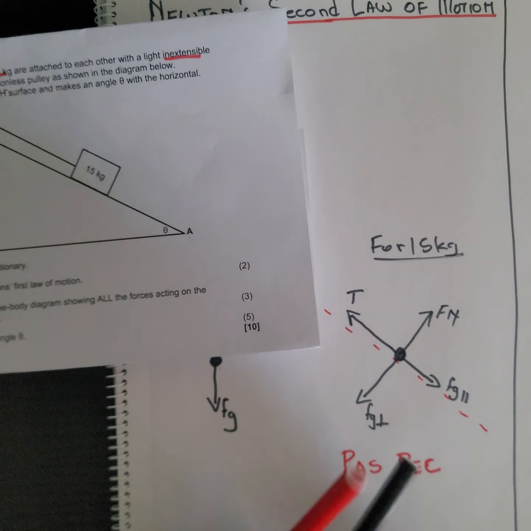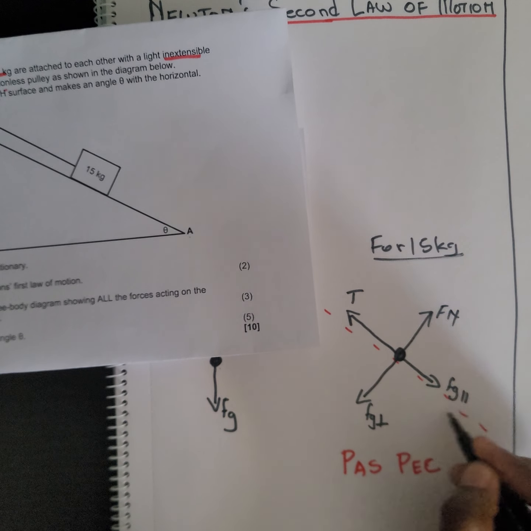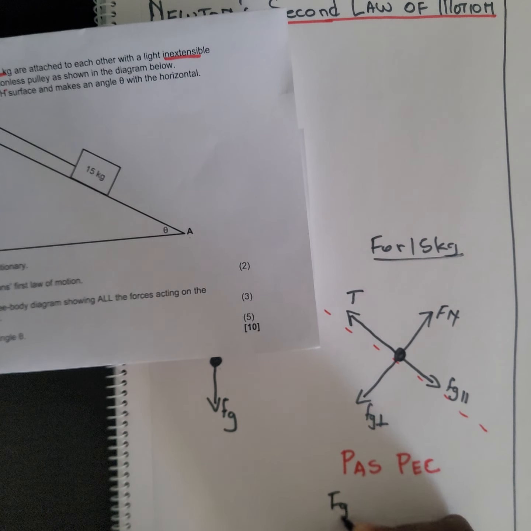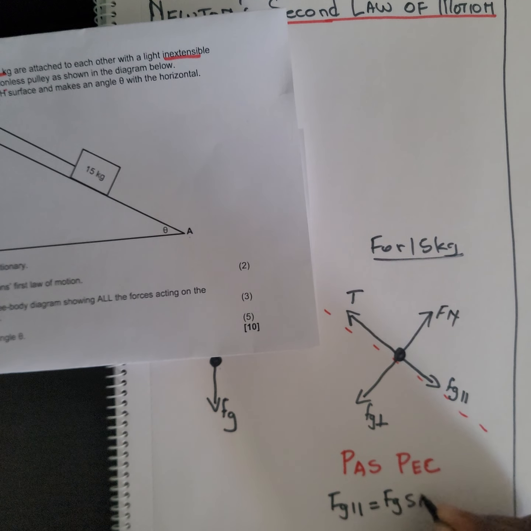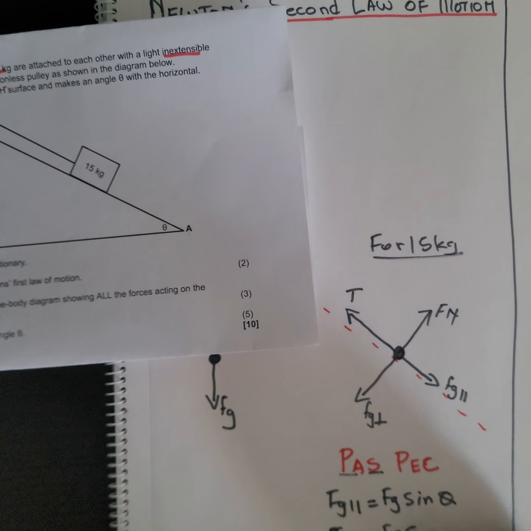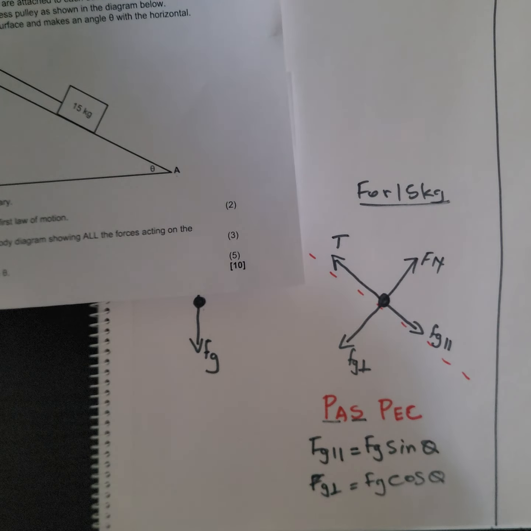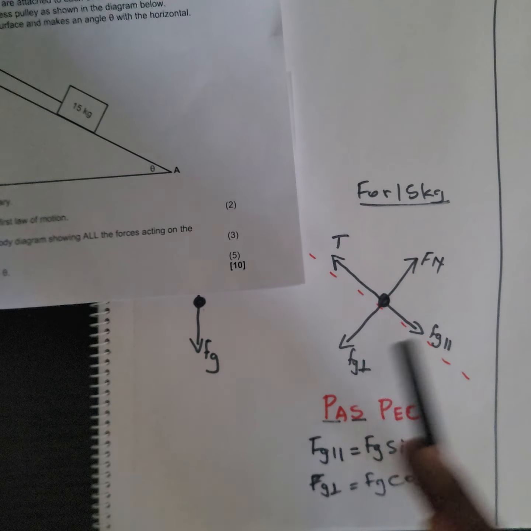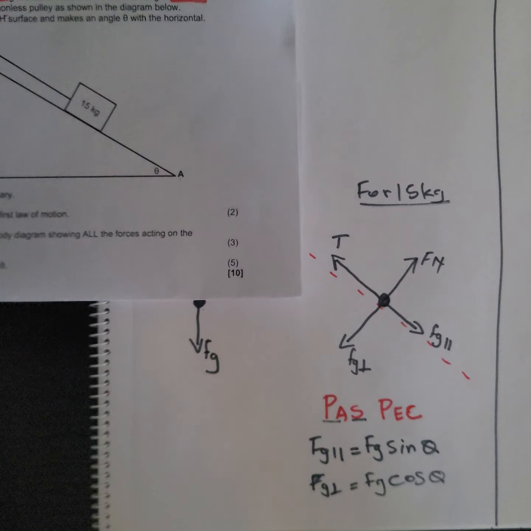So what it simply says is that the parallel component, Fg parallel, is equal to Fg sine of theta, parallel sine. And then perpendicular, Fg perpendicular is equal to Fg cos of theta. So this perspective helps me to understand and remember these two components.